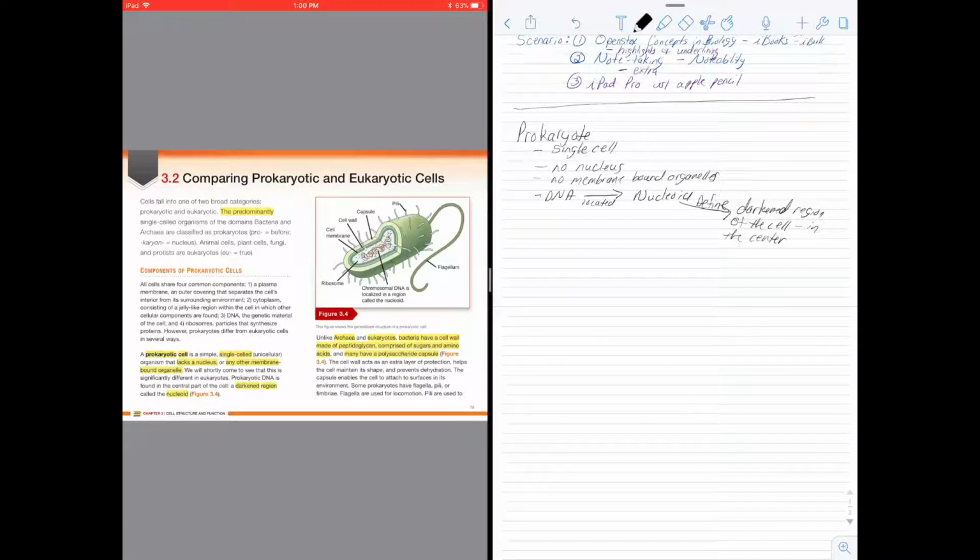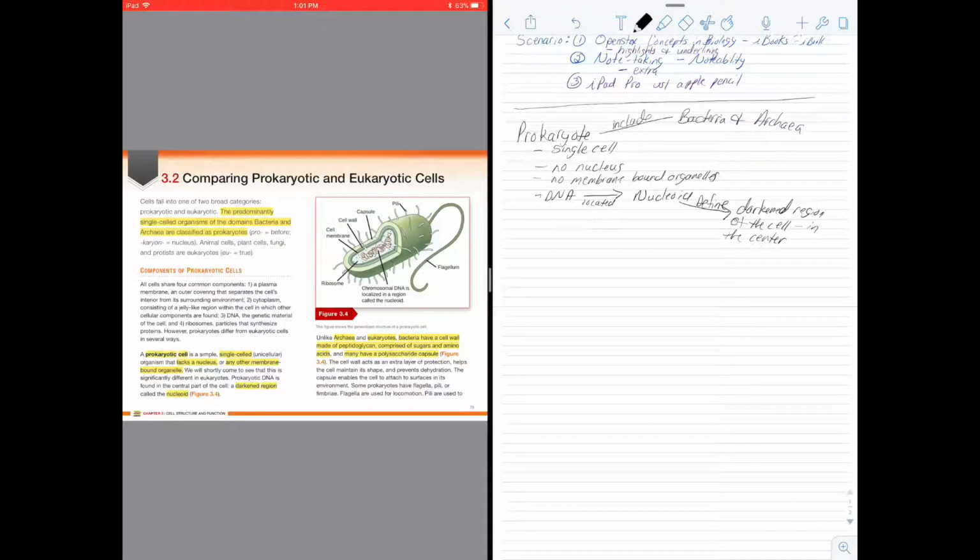So the predominantly single-celled organisms of the domains bacteria and archaea are classified as prokaryotes. Oh, that's an important point. So the prokaryotes include bacteria and archaea. Okay, so that's an important point.